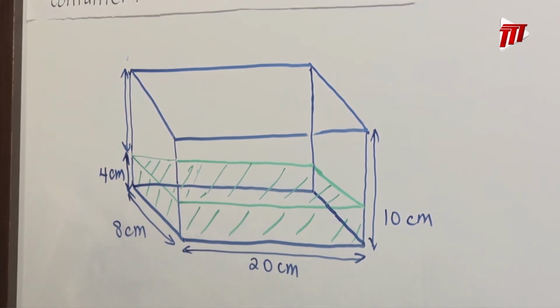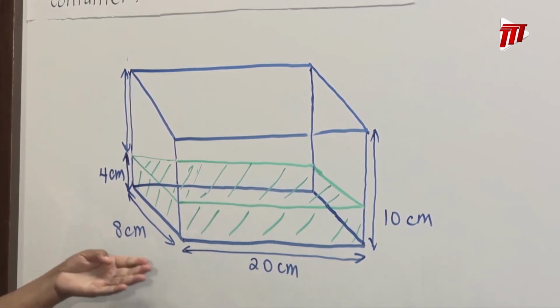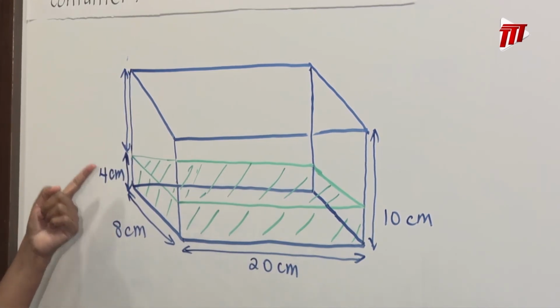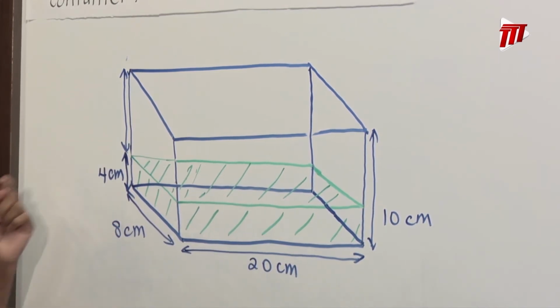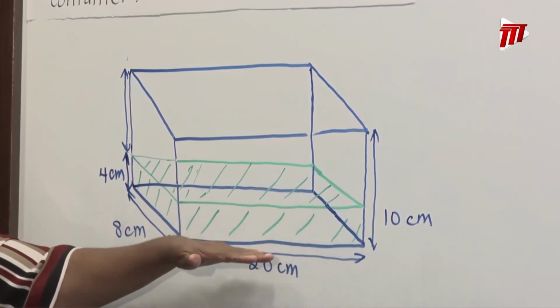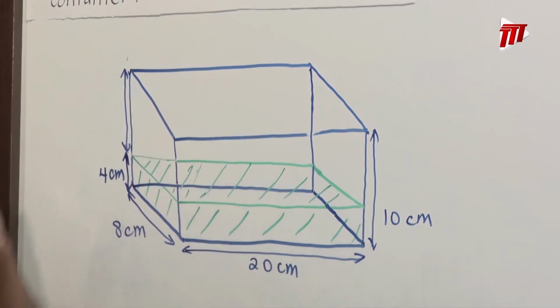We are going to begin first by looking at what we know. We know the dimensions and we know the height of the water. So we are going to calculate first how much water is needed to fill the container. And that would be the full volume of the container.